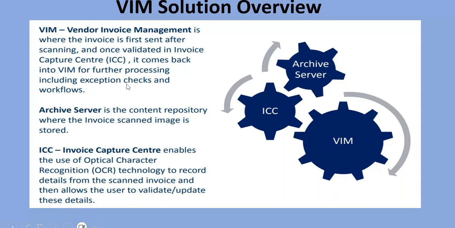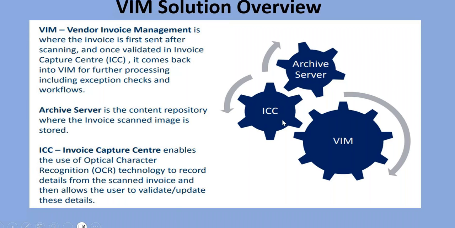ICC, BCC or IES are OCR tools that OpenText is currently providing, and some business clients will also use third-party OCR tools. But standard OpenText also gives us ICC, BCC, or IES tools.